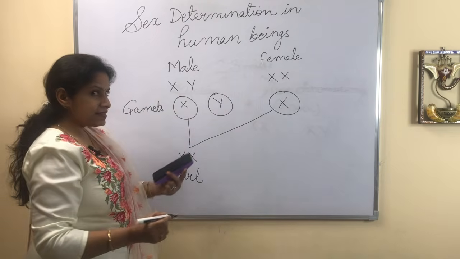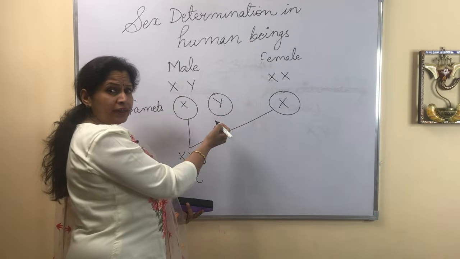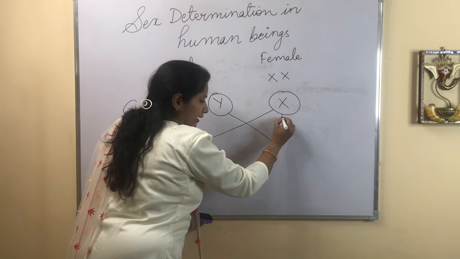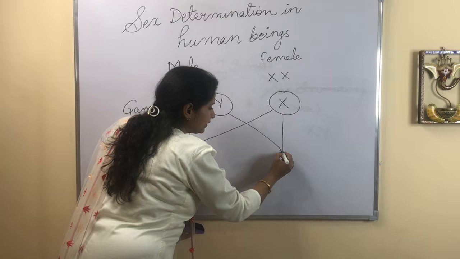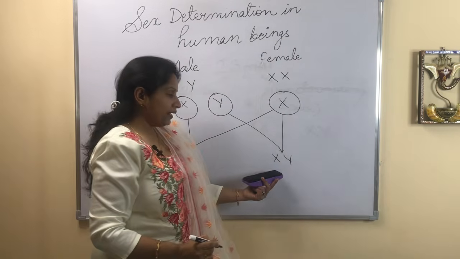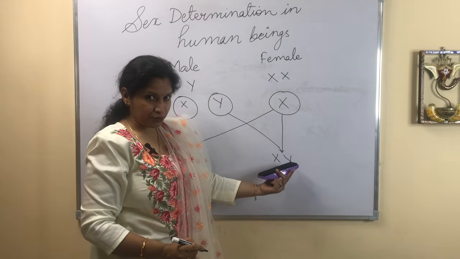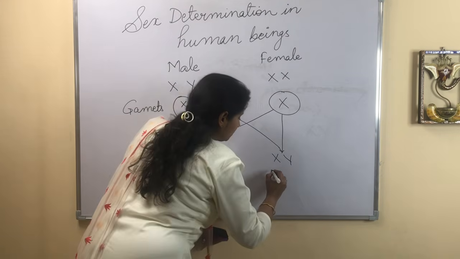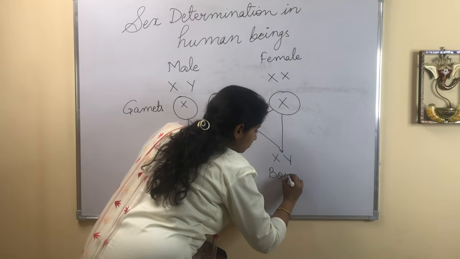But in case the sperm containing Y chromosome fertilizes the egg containing X chromosome, then the baby will be having X and Y chromosome. If the baby is having X and Y chromosome, then the baby is going to be a baby boy.